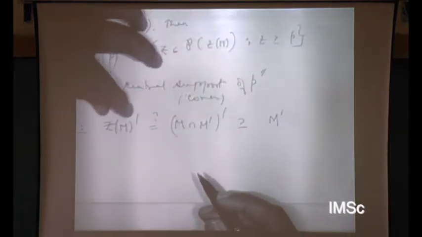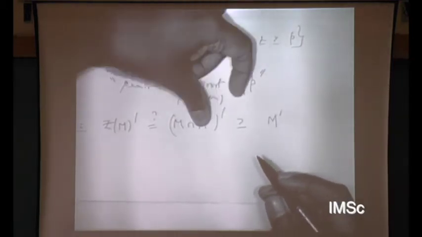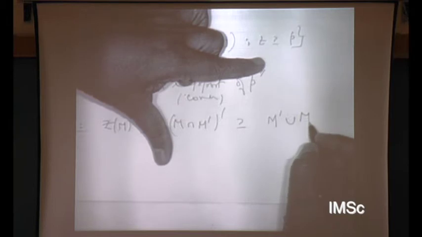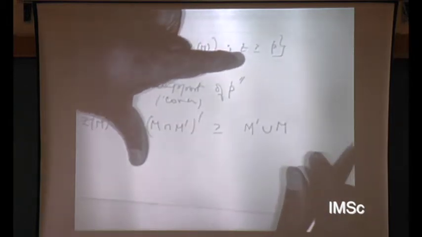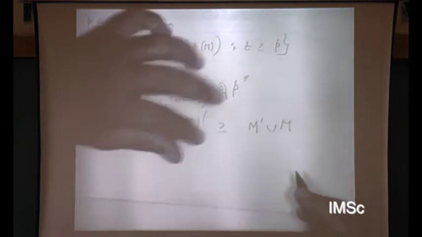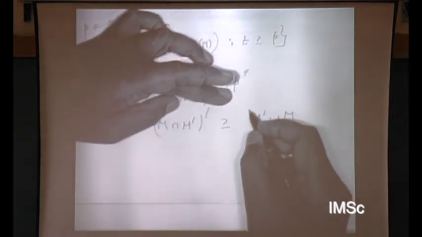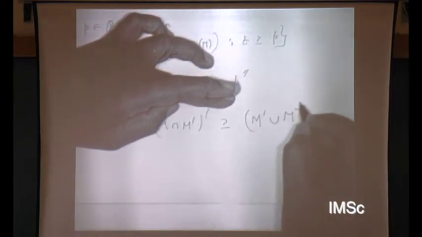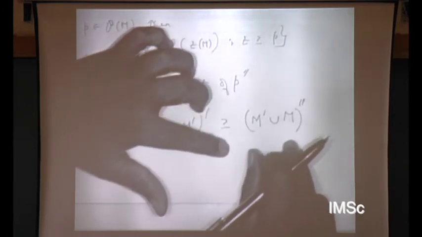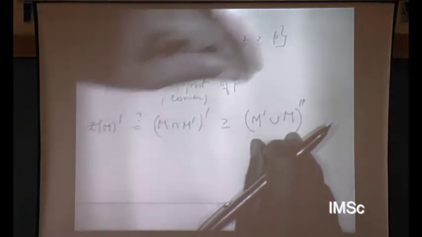By the same token, Z_M prime will contain the commutant of M prime, which is M. So it will contain M prime and M. It must therefore contain the von Neumann algebra generated by that set, which is a self-adjoint set of operators. The generated algebra is just its double commutant.